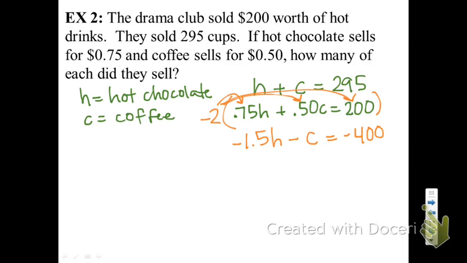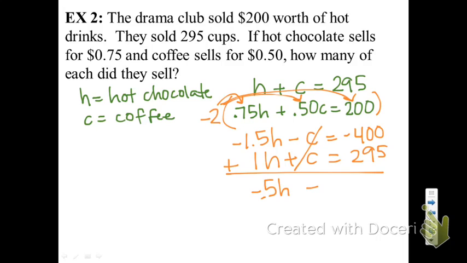And then I'll rewrite that top one. H plus C equals 295. Then we go ahead and draw our addition line, add, and we get -1.5H plus 1H is -0.5H. The C's will subtract out, and you get -105 here.